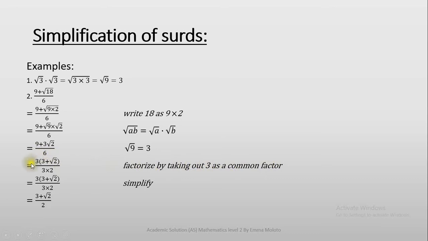The common factor in this case is 3. And 3 will cancel 3. We're simplifying. 3 will cancel 3, so we will be left with 3 plus the square root of 2, over 2. This 3 was cancelled by this 3, so that's why we ended up having this answer.